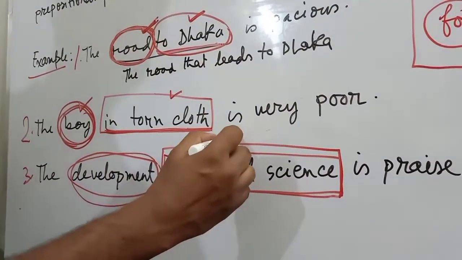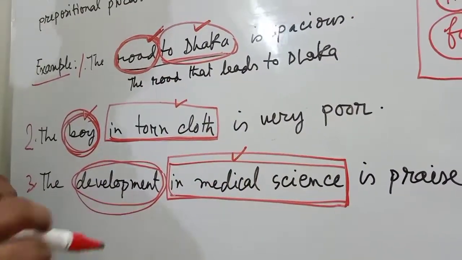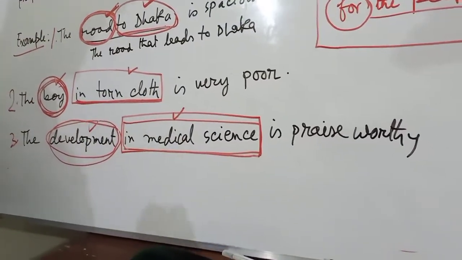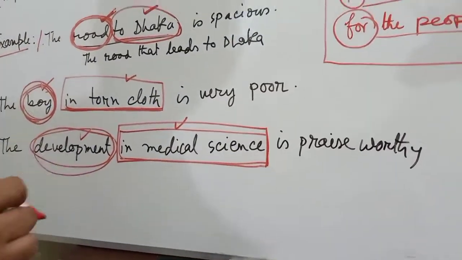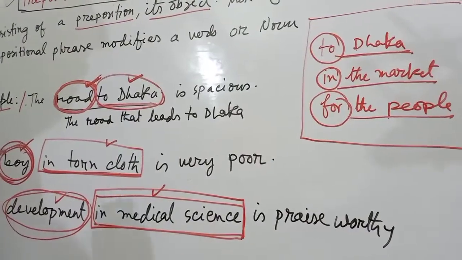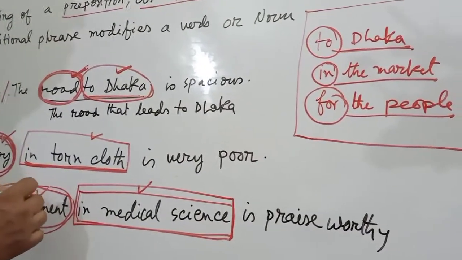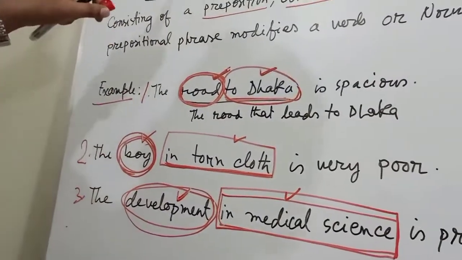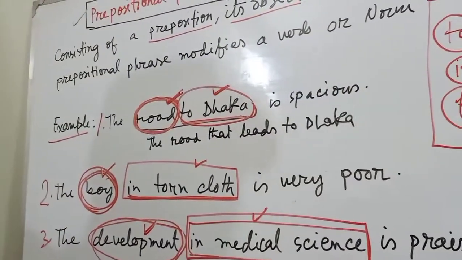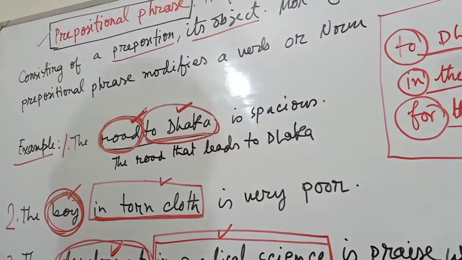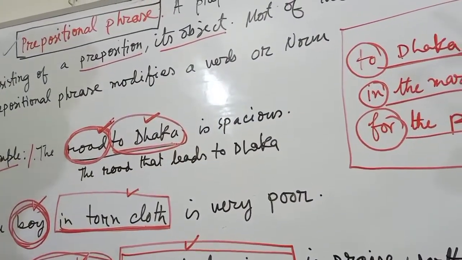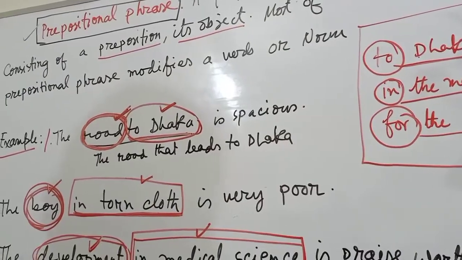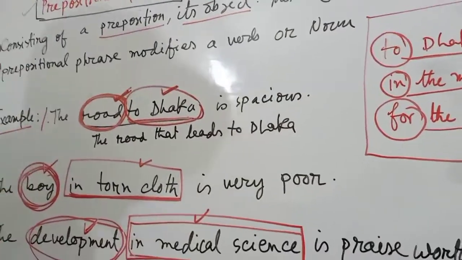This prepositional phrase is giving extra information about development and at the same time modifying the word development. In all examples, we have seen how prepositional phrases are used as post modifiers.